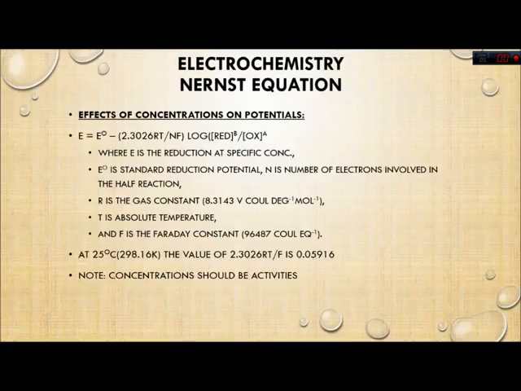This equation is given as E equals E0 of the cell minus 2.303 RT by nF log of the reduction concentration to the oxidation concentration. Here E is the reduction potential at specific concentration, E0 is the standard reduction potential, n is the number of electrons involved, R is the gas constant, T is the absolute temperature, and F is the Faraday constant. You know all these things better from the previous lessons.